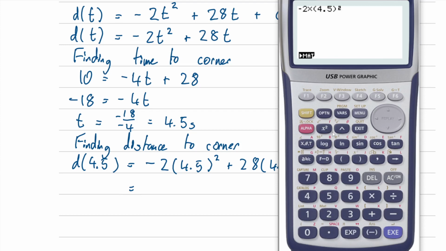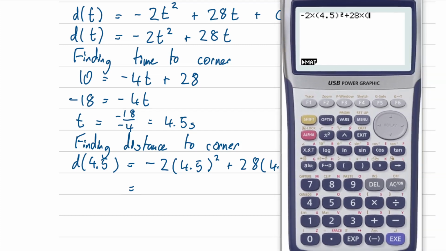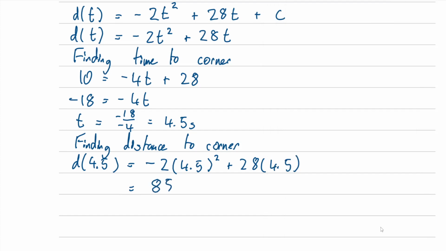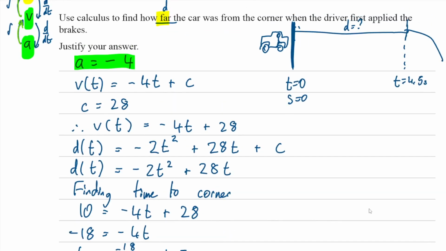It's more important when we have a negative value that we're squaring. Then 28 times 4.5, which gives 85.5 meters. And that's a positive value, which we expected, because we defined the positive direction to the right. Right, it was decelerating, so negative goes to the left.